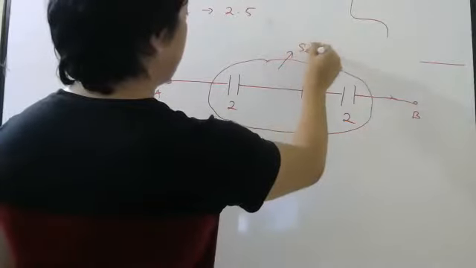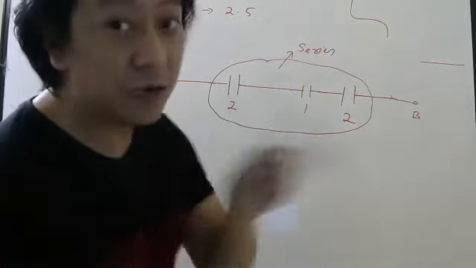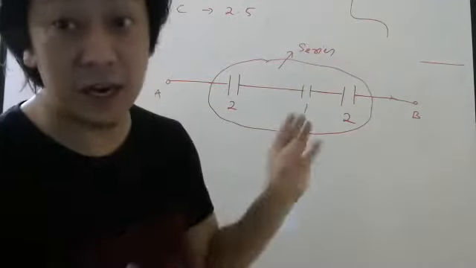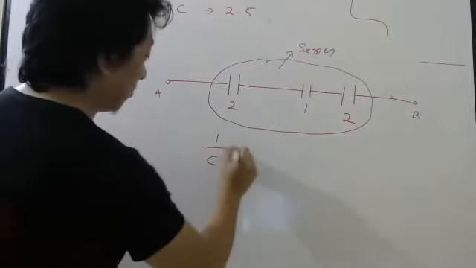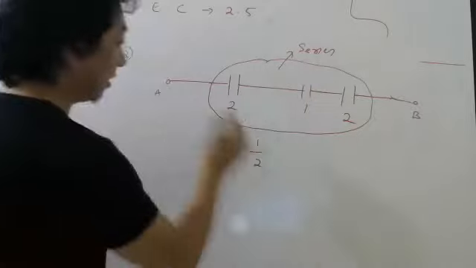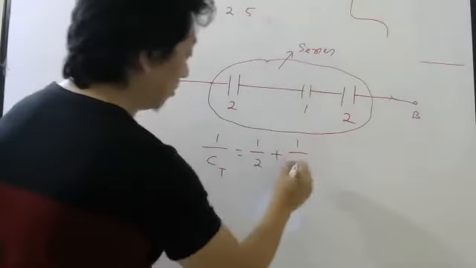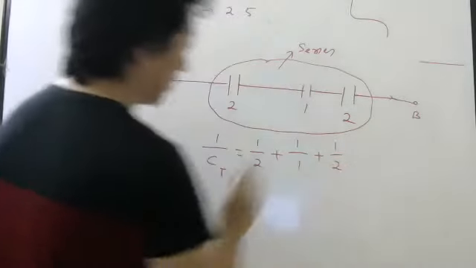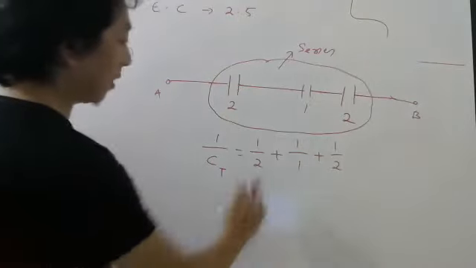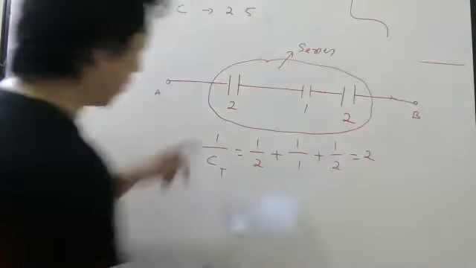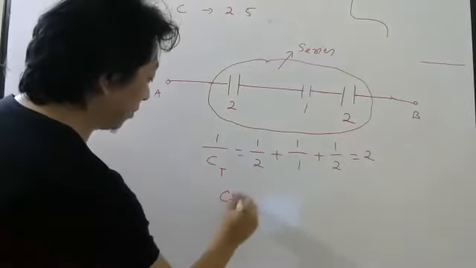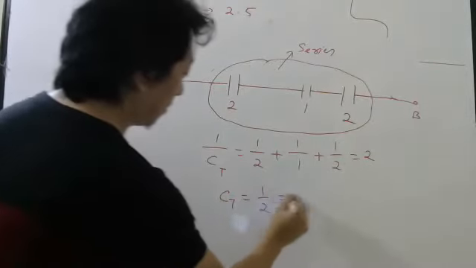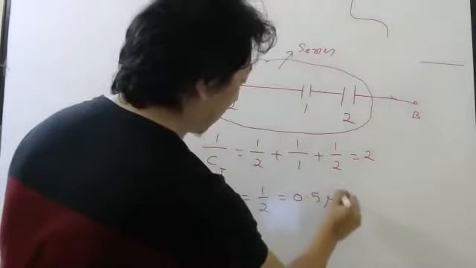These three are in series. So here don't use C1, C2 formula because there are three capacitors. So here write properly. 1 by C total will be 1 by C1 plus 1 by C2 plus 1 by C3. So half plus half, 1, 1 plus 1, 2. So 1 by total capacitance is 2. So ulta you do. Ulta if you do, 1 by 2 you will get, which is 0.5 microfarad.